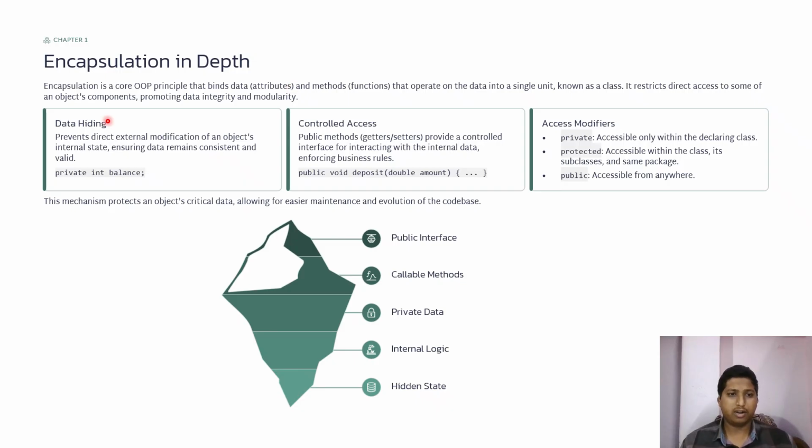Data hiding can also be performed in encapsulation, controlling access through access modifiers. In data hiding, we use the private access modifier. A private access modifier is accessible only within the declaring class. We can access the private members only in the class. Protected is also used for data hiding purposes.